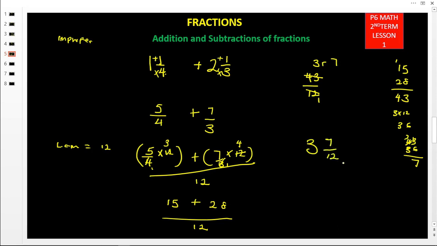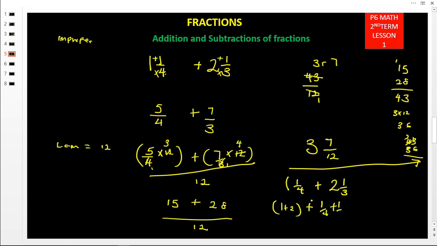Now we can get also another approach. Then you underline that like the way I told you. Another approach is this one, a 1 and a quarter, then plus 2 and a third. When you are having mixed numbers here, it is easier to first add the whole numbers, like 1 plus 2 in brackets, then plus a quarter plus a third in brackets.